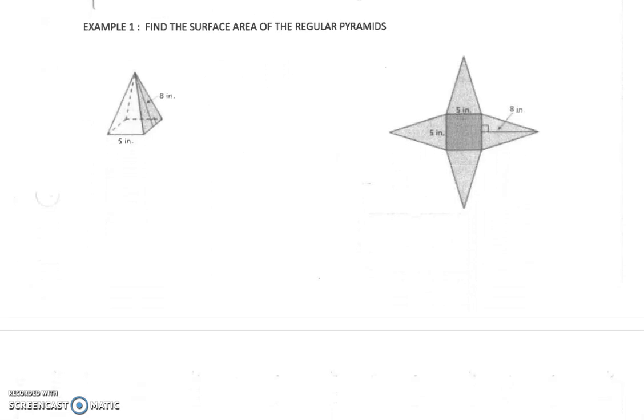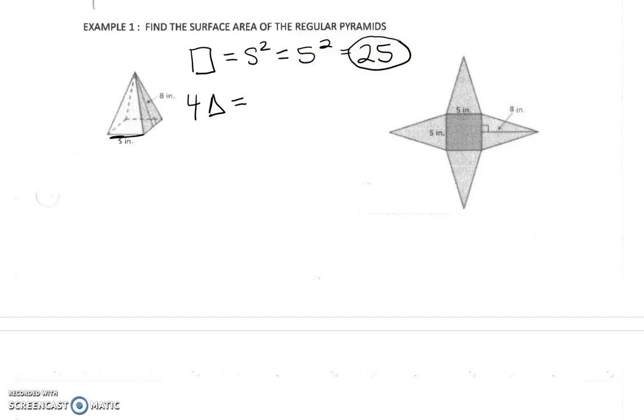So example 1, find the surface area of the pyramid. So I know I have 1 square and I have 4 triangles. Okay, so my area of the square is side squared. My side length is 5. So 5 squared is 25. That's the area of the square. Now I need 4 triangles, and remember the formula for the area of a triangle is 1/2 base times height.